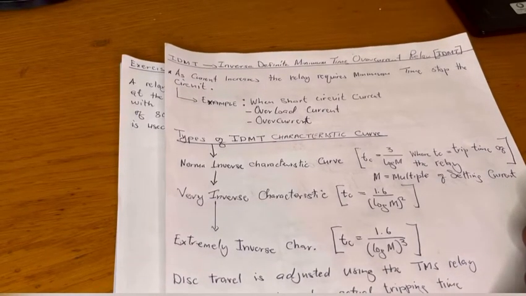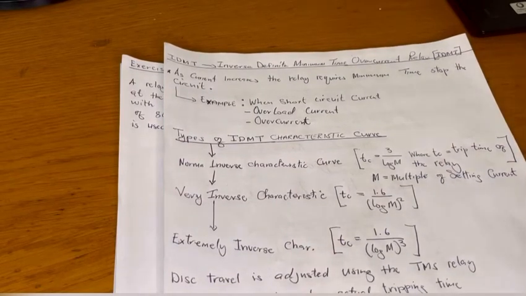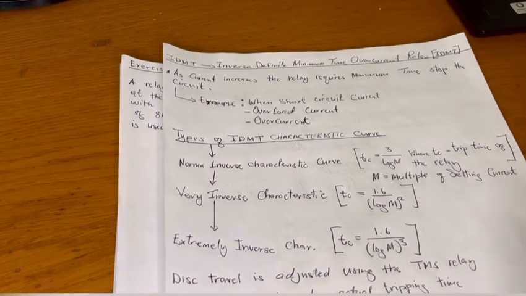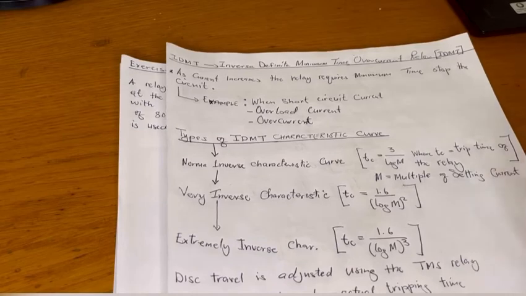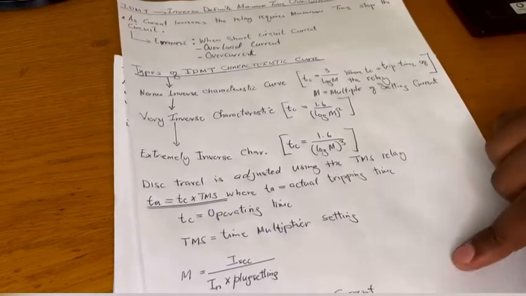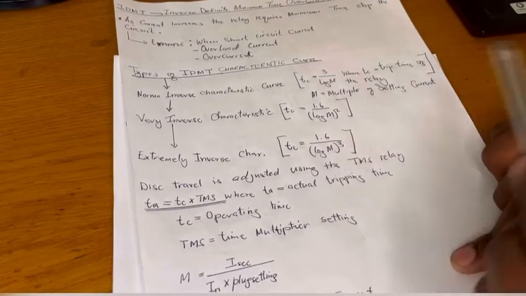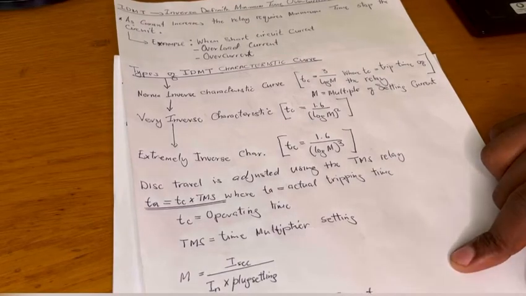TC here is the operating time where the disk starts to travel. They explain it here. TMS is the time multiplier setting. The formula contains M, which, as I said, is the multiple of setting current.